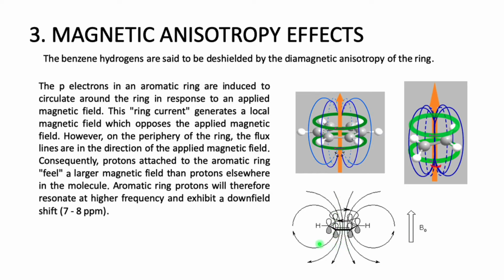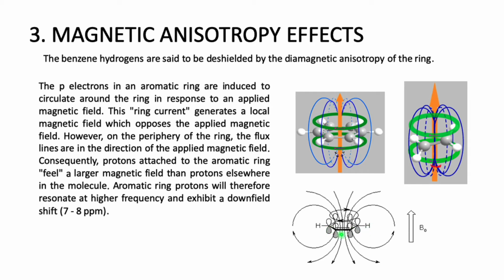As you proceed to the periphery, the flux lines at the periphery are aligned with the external magnetic field. Consequently, the protons attached to the aromatic ring feel a larger magnetic field compared to protons elsewhere in the molecule.